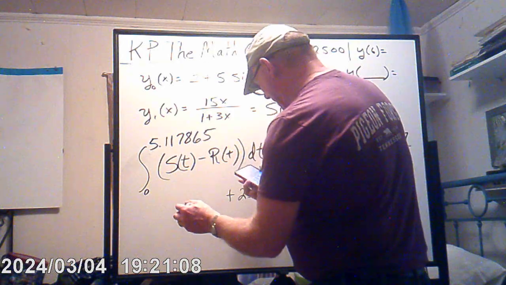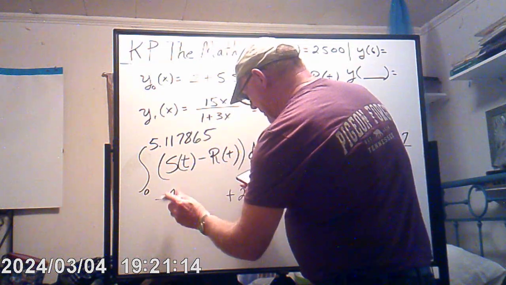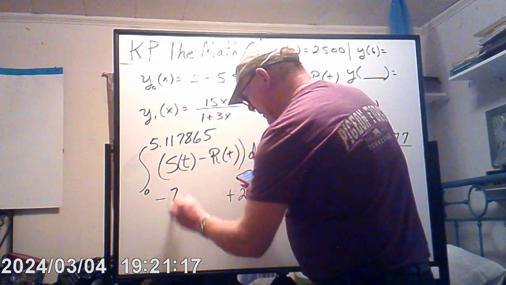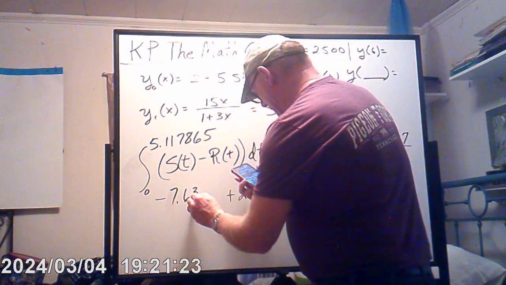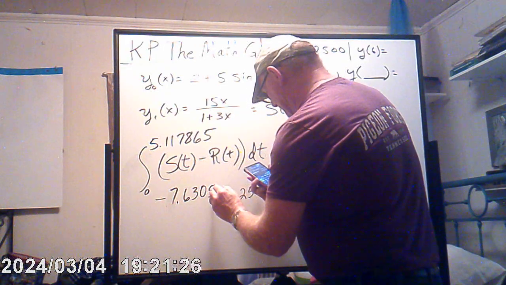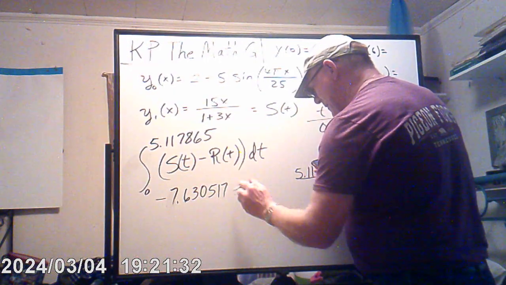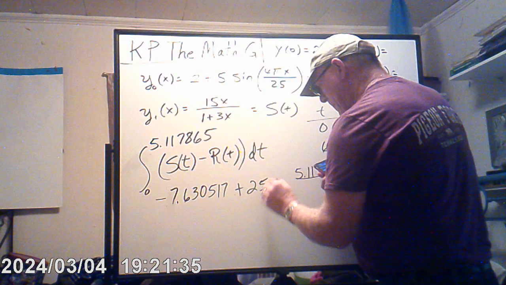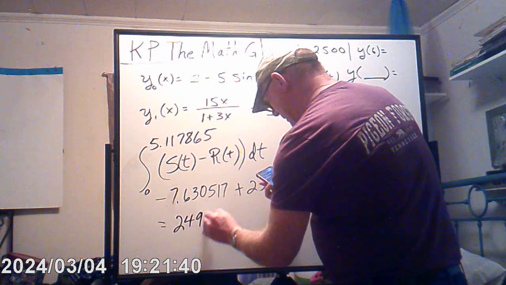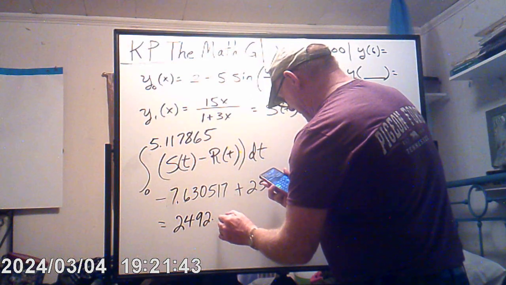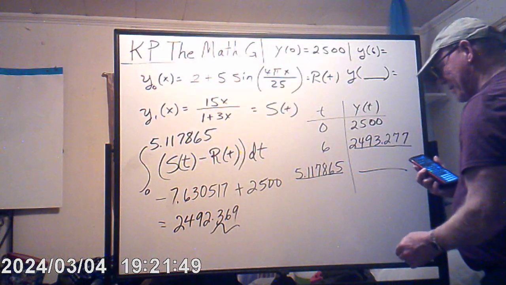I've got a negative 7.630517 plus 2,500, and that's equal to 2492.369. And again, you don't have to go out but three spaces anyway.